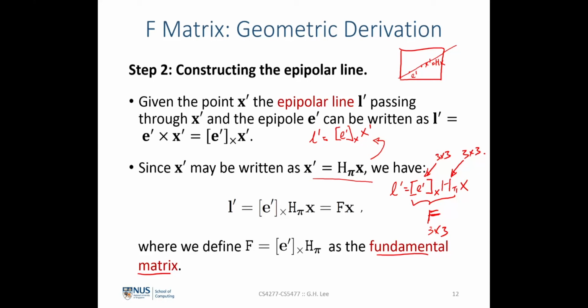Hence, we get the linear mapping relation where a point in the first view gets transferred to a line in the second view via the fundamental matrix, which is a 3x3 matrix.